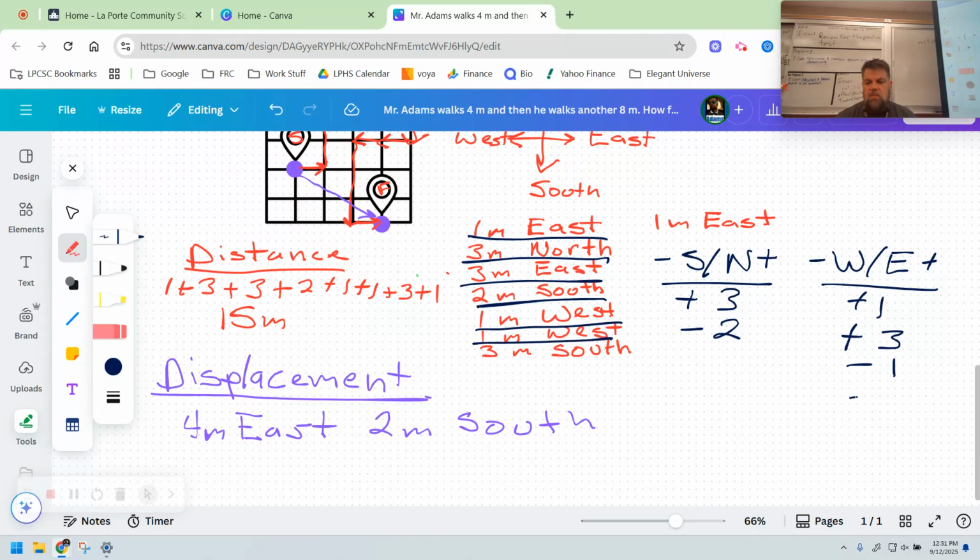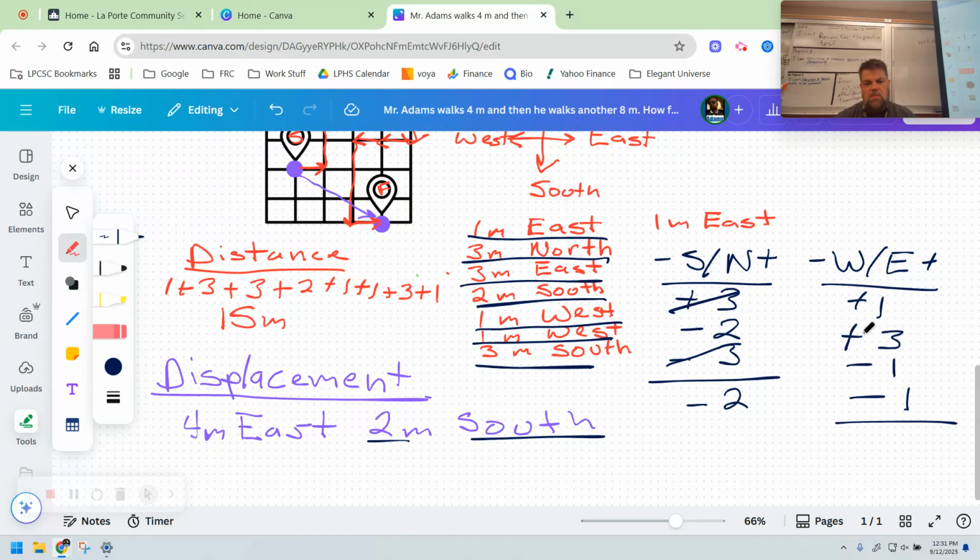Another meter west would be -1, and then 1 meter south would be -3. So if I add these up, 3 minus 3 equals 0, so I've got -2, which gives me my 2 meters south, right? And then over here, I have 1 plus 3, which is 4.